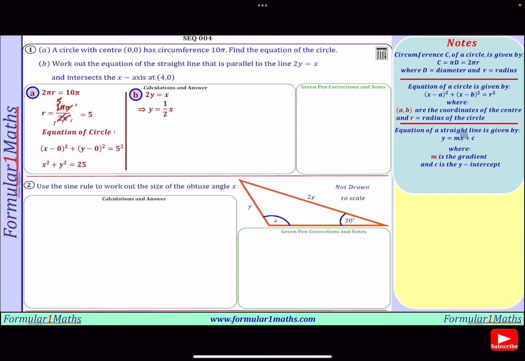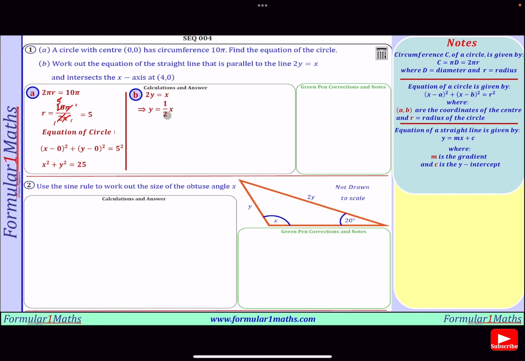This implies that this line has gradient a half and y-intercept 0. But the line I'm looking for is parallel to this line. That means it has the same gradient, so the gradient of the line I'm looking for is a half as well.